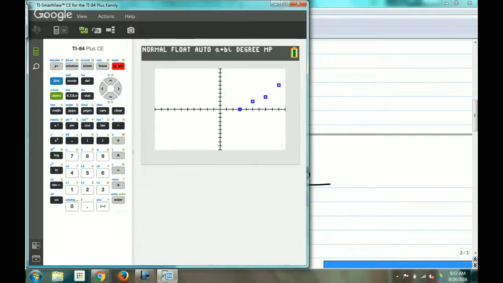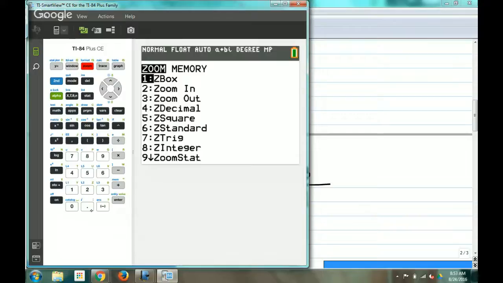Now, what you see there may not have all your dots on it. There were 6 ordered pairs there. I don't see 6 dots on my picture. So what I want to do is fix my window so that I see all of my points. And to do that, you're going to press the zoom button. This may get everybody's showing up if yours is not showing up like you think it should.